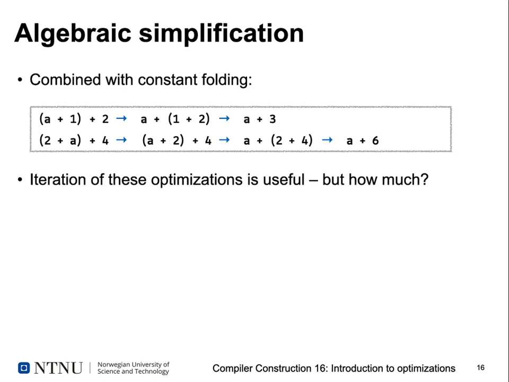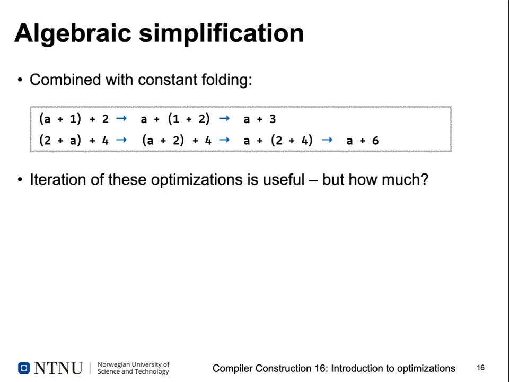So finally, you would just add a plus 3, so you would save one addition here. Or you could calculate 2 plus a plus 4. And then first you can apply commutativity here. So 2 plus a is a plus 2. And then you can apply associativity here to first add 2 plus 4, which can then be folded into our constant 6. So you would again save an addition here.